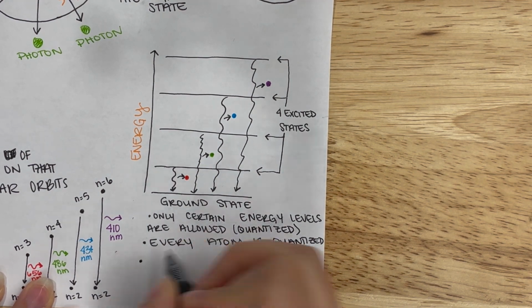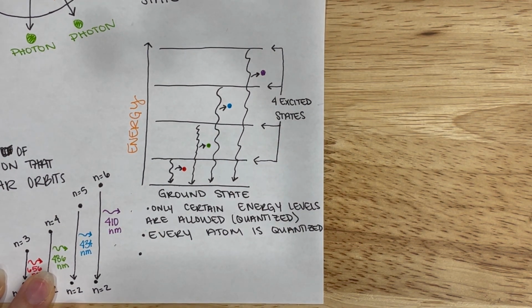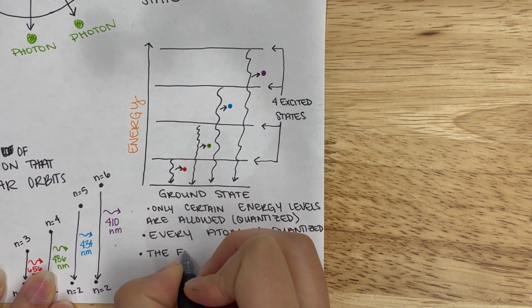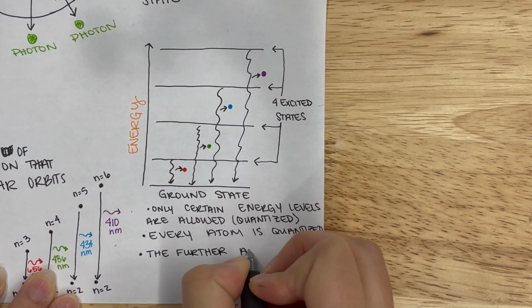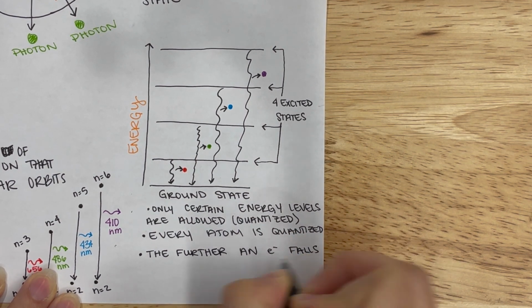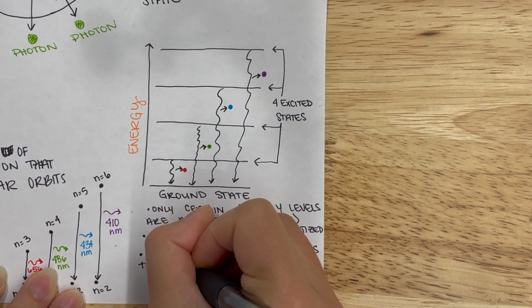Last thing that you should note about this, right? The further that electron falls, the higher energy photon it gives off.